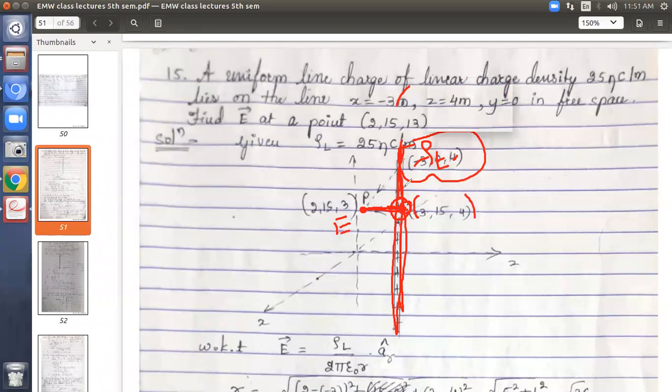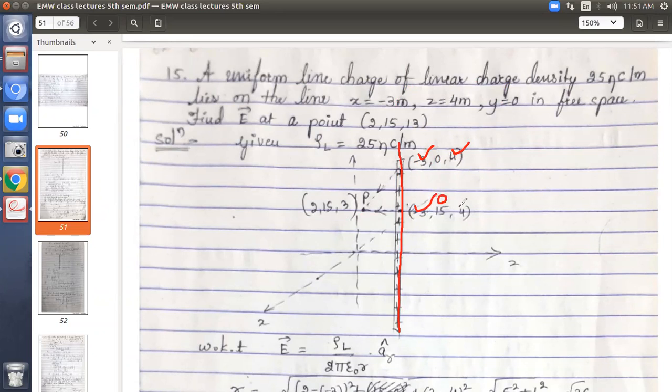Let us try to find the coordinates of that center. Okay, this line is common. This line is -3, 0 and 4. So -3 and 4, no doubt. But as it is parallel to point P, the y direction will become 15.